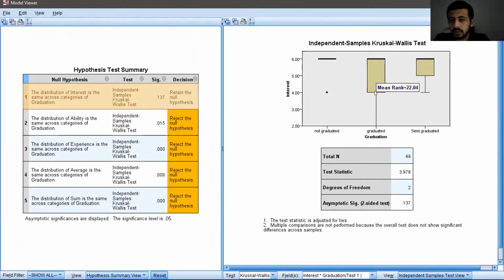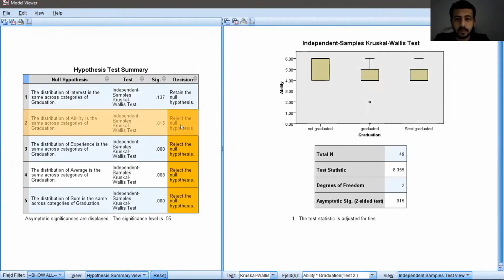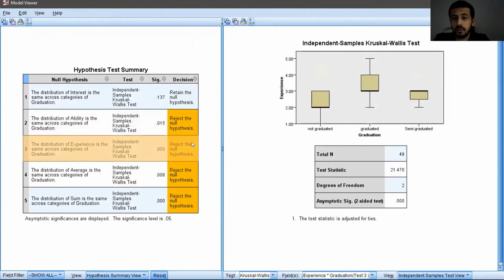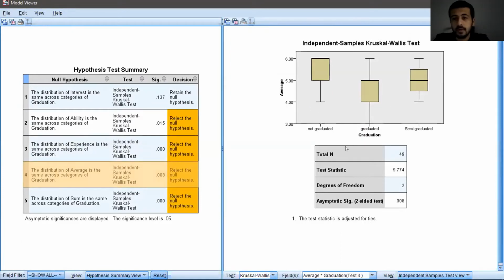For graduated, they are distributed all over the place. So this is why it is significant. Oh no, this one is not significant. Let's look at this one. Okay, this is significant. We have a different distribution between each one of them. This is another one. This is another one. Okay, so we go on.